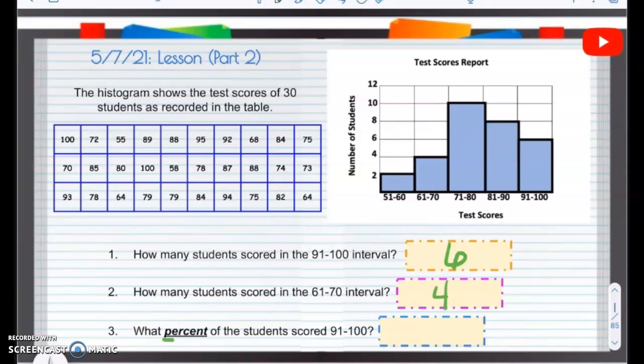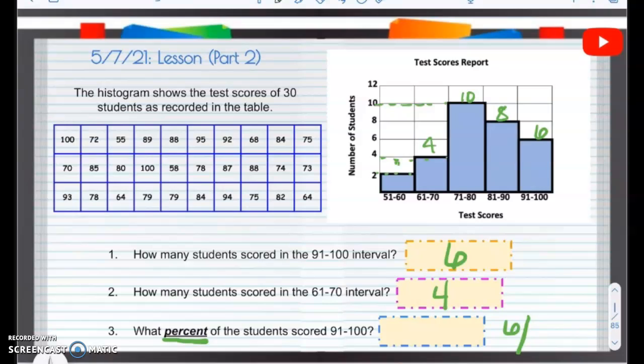What percent of the students scored 91 to 100? So 91 to 100, there were 6 students. So 6 out of how many total? Well, we had 6 here, we have 8 here, 10, 4, and 2.